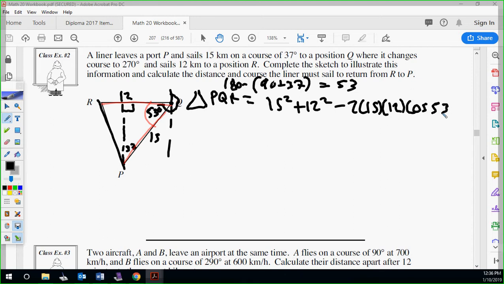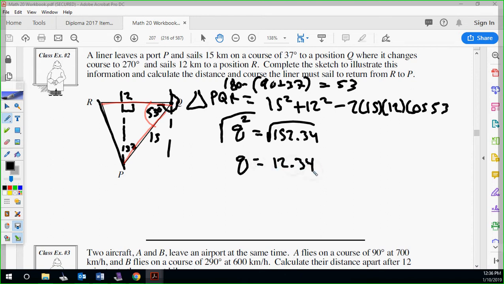When you do that calculation, we're calling this side q because it's away from Q. q squared is 152.3. We square root, q ends up being 12.34. So this length is 12.34.